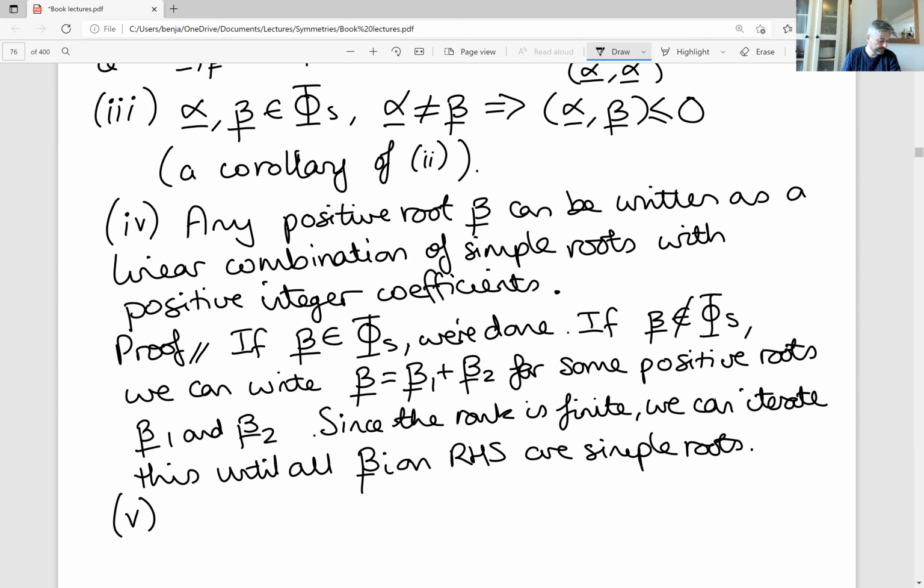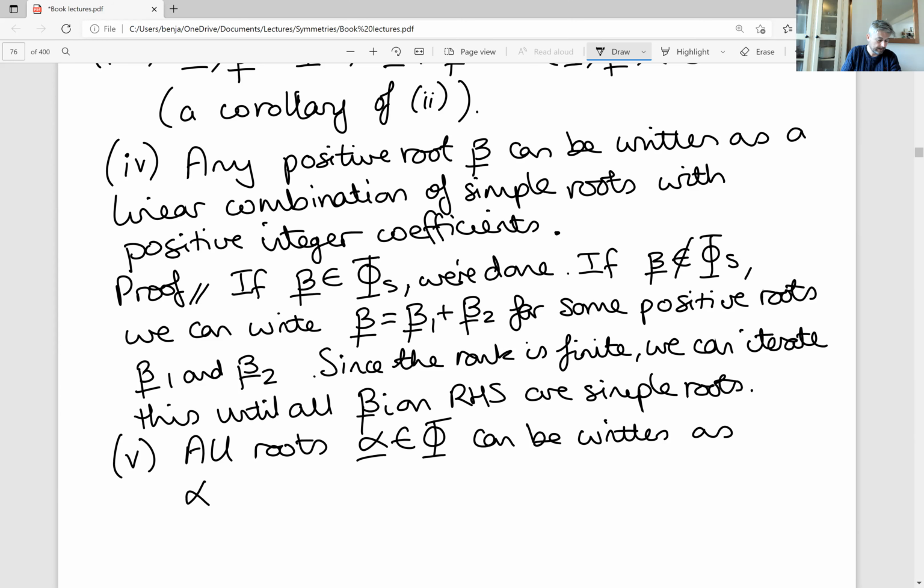Fifthly, so okay, we've shown that a positive root can be written as a linear combination of simple roots with positive integer coefficients, but actually the fifth assertion says that all roots, let's call alpha in the root set, can be written as some linear combination of the simple roots where the coefficients are integers.